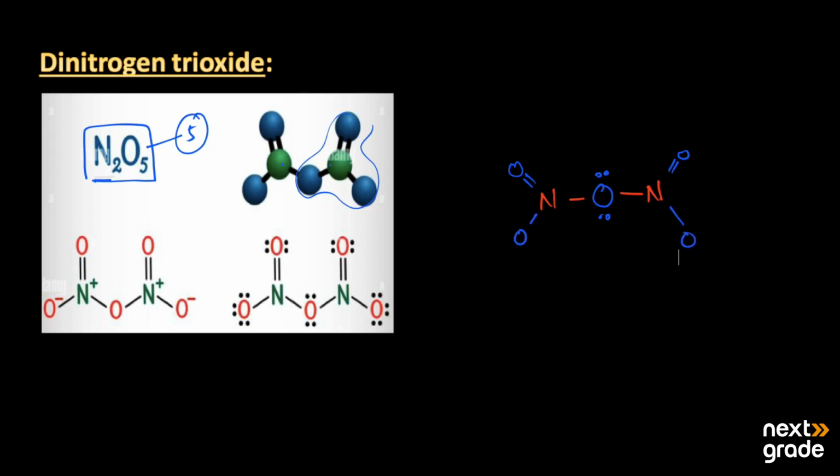The lone pairs over these oxygens are two for every oxygen, as these electrons do not participate in chemical bonding. So this was a simple overview of dinitrogen pentoxide, which is also known as nitric anhydride.